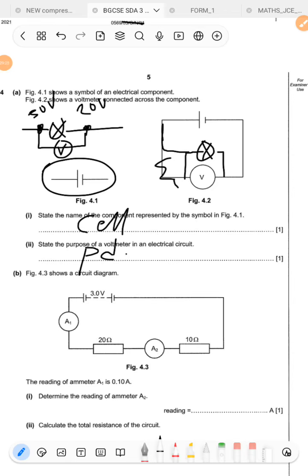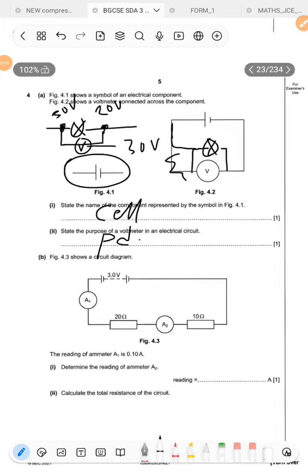So it's 50 minus 20, which is going to be 30. So the voltmeter reading is going to show what? 30 volts. So from there you can say the bulb uses 30 volts according to our voltmeter.